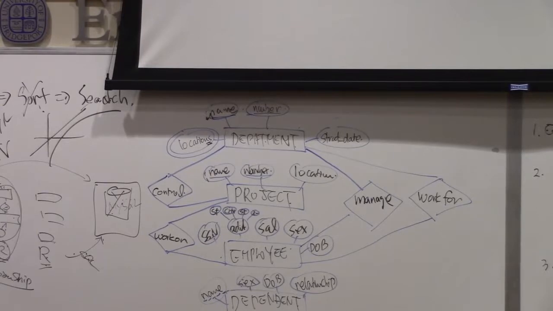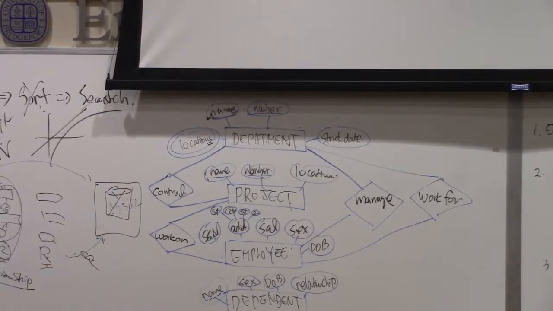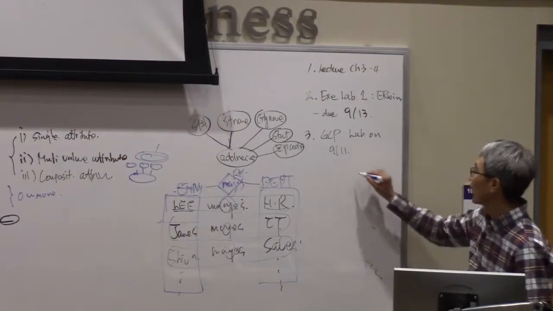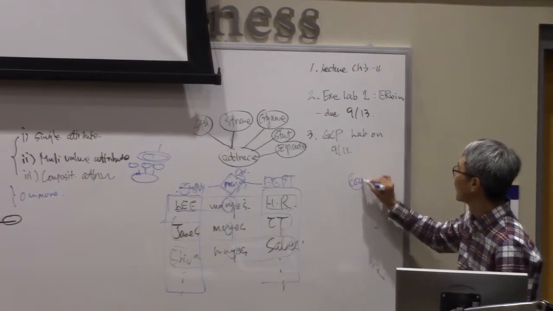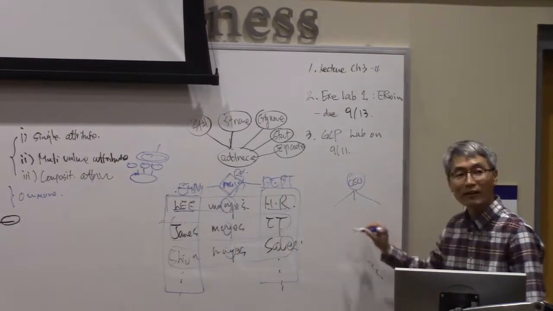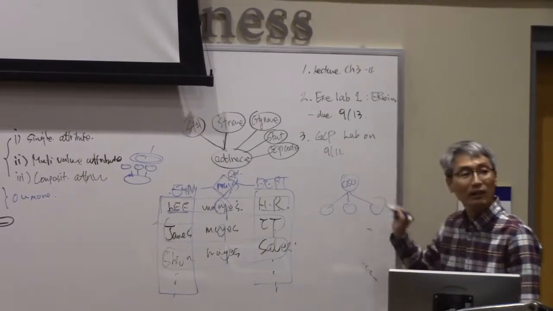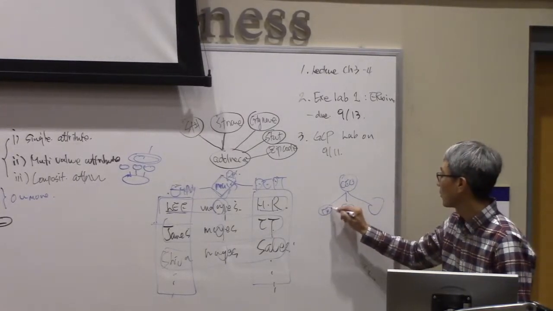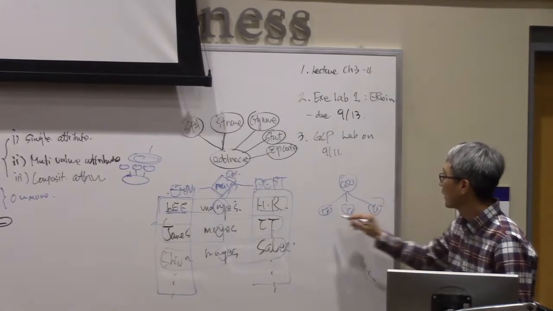Then the direct supervisor. We also keep track of the supervisor of each employee. What is a supervisor relationship? So let's think about this one. In a company, we have a CEO. The CEO supervises executives, the employees. Executive 1, executive 2, executive.